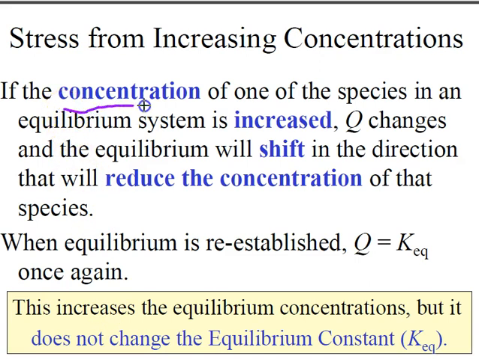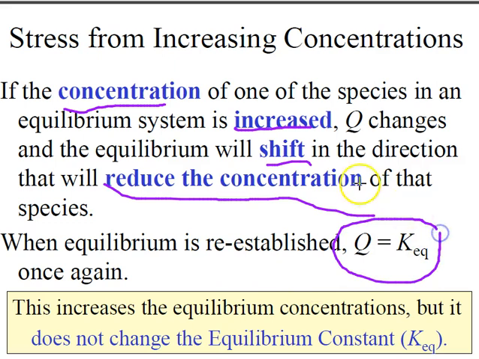Okay, so if the concentration of something is increased, you will shift to reduce the concentration of that thing. When you do that, you're trying to reestablish Q to be equal to K. Because when you add something, you're either making your Q too big if you added a product, or your Q too little if you added a reactant, and you've got to shift to get back to K. This does not change the K value at all.